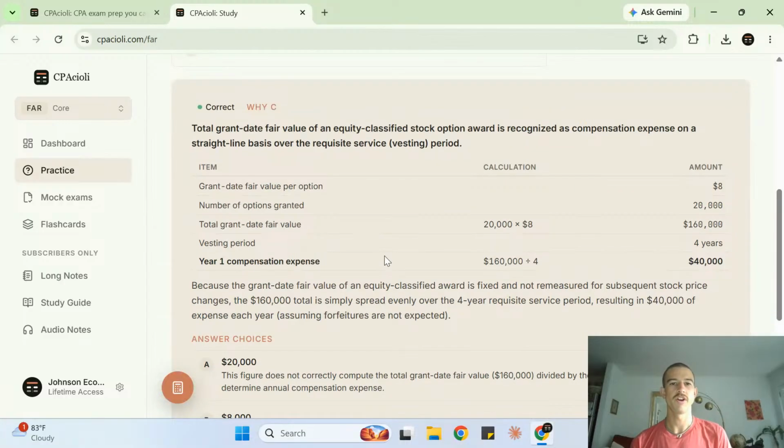The total grant date fair value of an equity classified stock option award is recognized as compensation expense on a straight line basis over the requisite service vesting period.